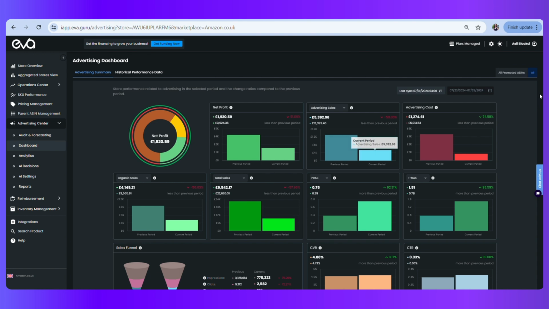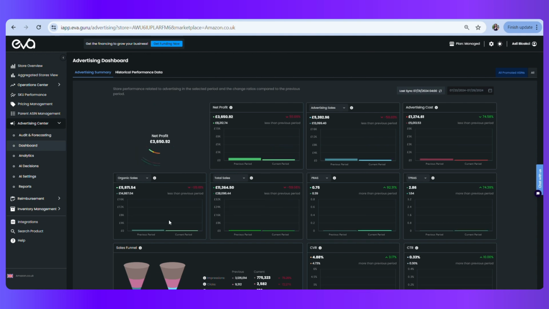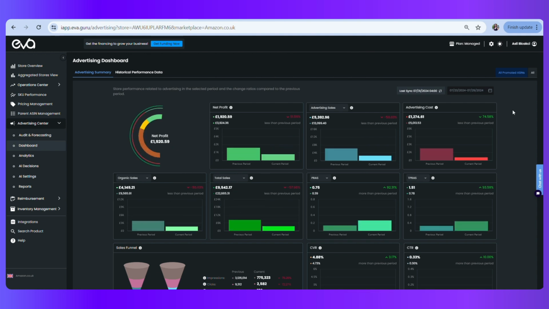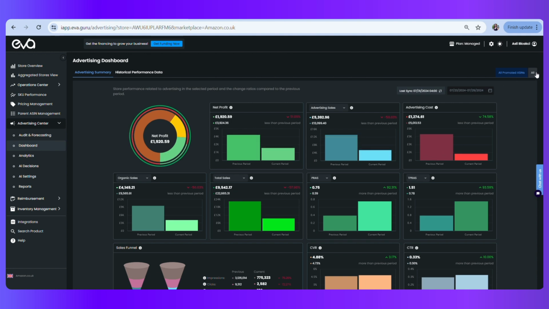For example, if All ASINs is selected and All Promoted ASINs is selected, maybe this account has almost every product advertised, but no, as you can see, it changed. Let's go back to All. It's a little bit slow.